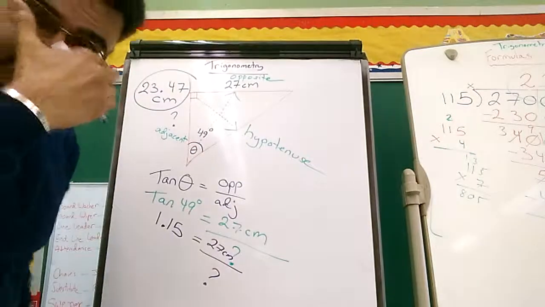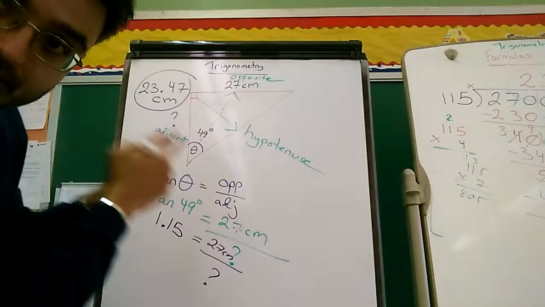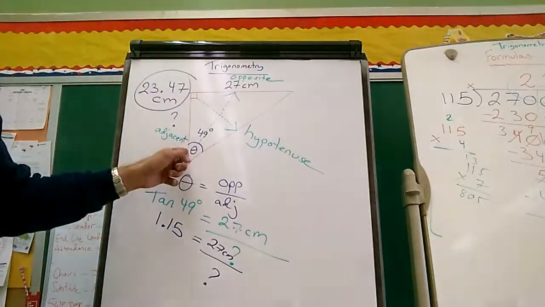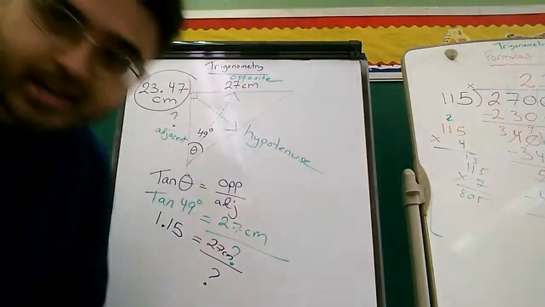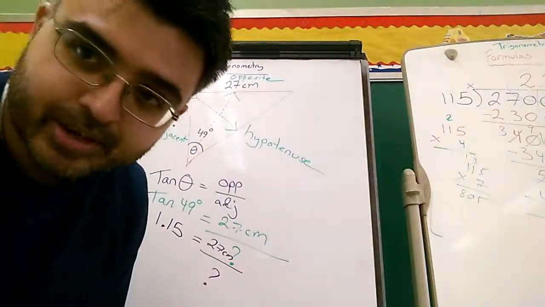Whew! And this is how you use trigonometry in order to solve the length of a triangle when you're given just an angle and just one side. Trigonometry. Follow these steps and you will always get it right. Thank you.